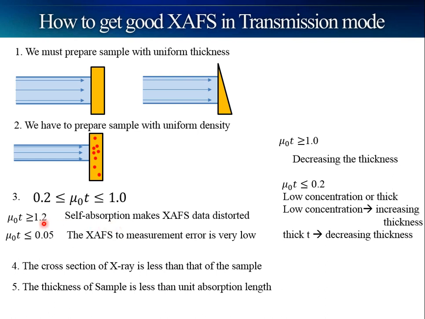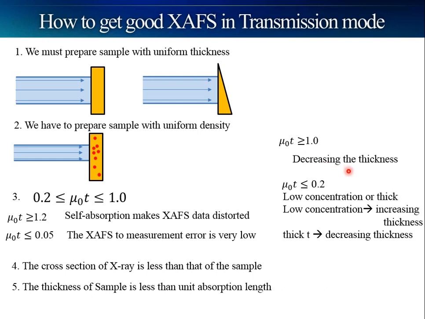If it is less than 0.05, the measurement error is very large, so that we can't distinguish between the data and error.